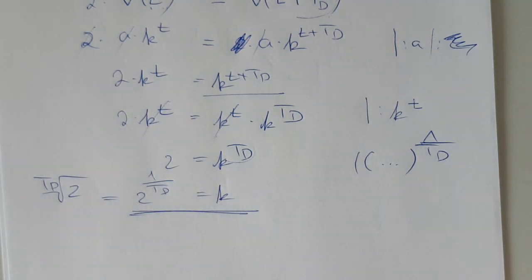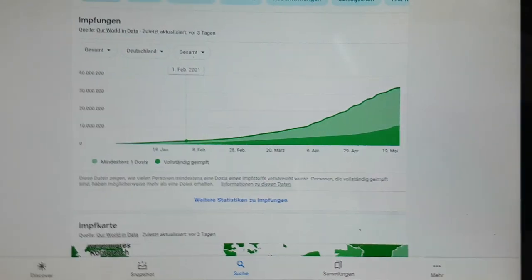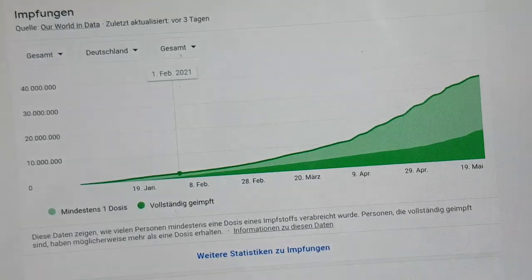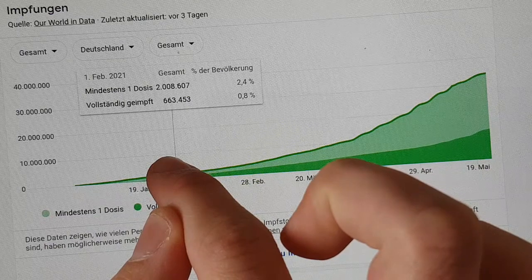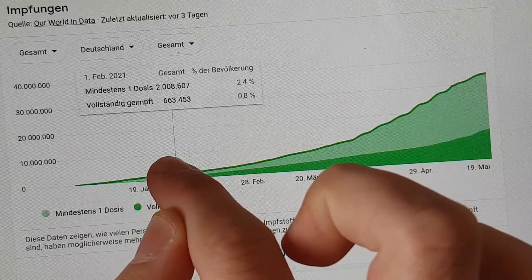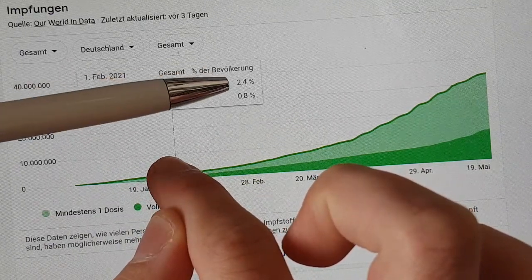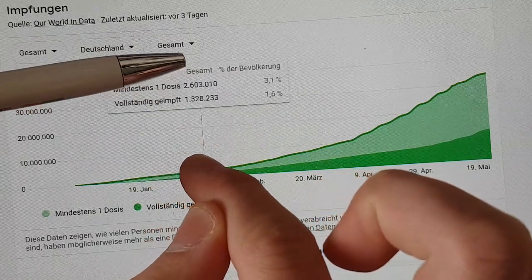Now let's find out what the doubling time is in this statistics. On February 1st, as we know now, we've got 2.4%. Now we are looking for the point in time where we've got 4.8%, so double the number. Let's have a look for 4.8%.